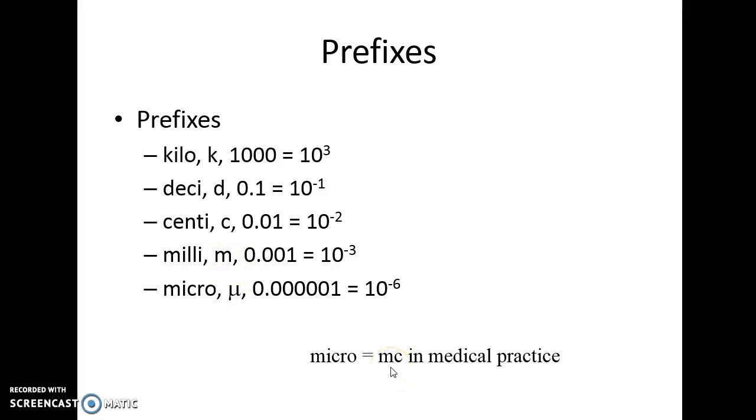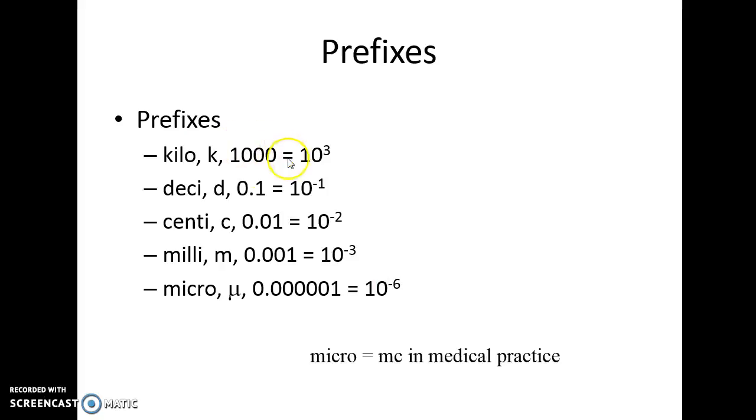So the medical area has changed the micro prefix to be MC, and that's what I'm going to be using in class and on exams. So MC stands for micro, and it means 1/1,000,000th.